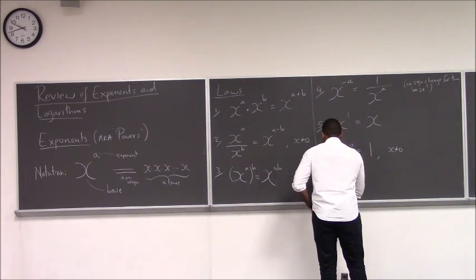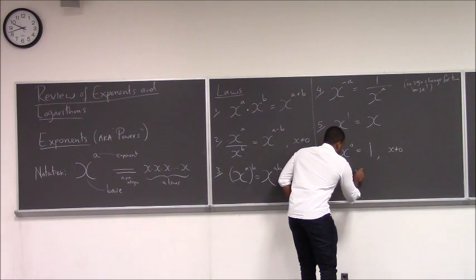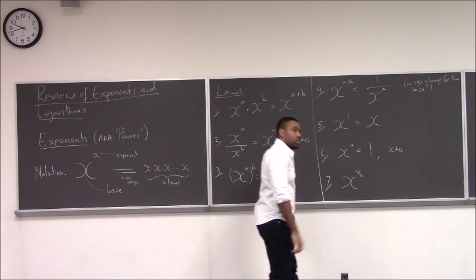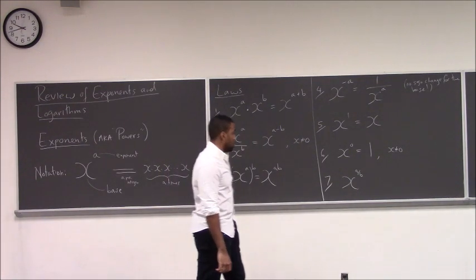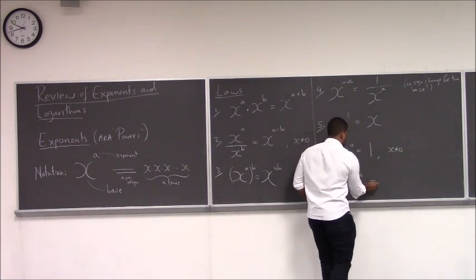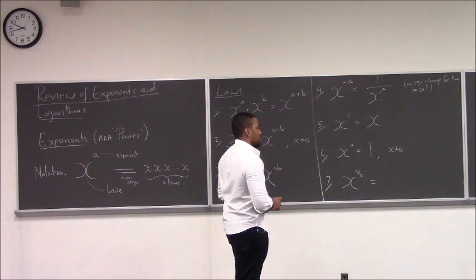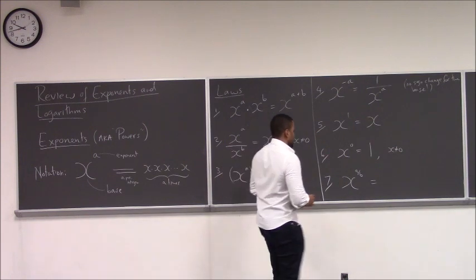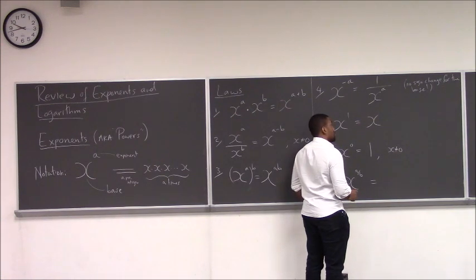What about x to the a divided by b? Yeah, you take the root of the bottom number and raise to the power of the top number. For example, it was like 3 over 2: you put it to the third power and then do the square root.